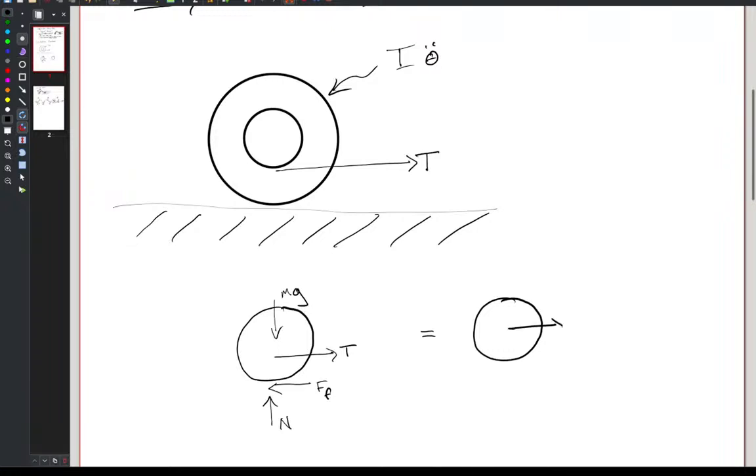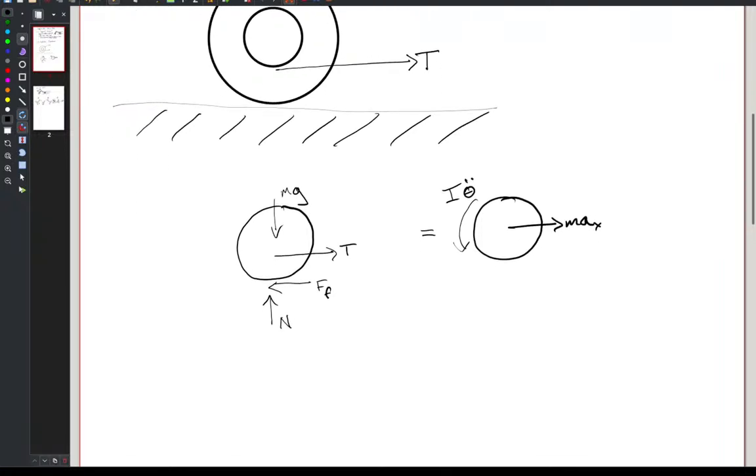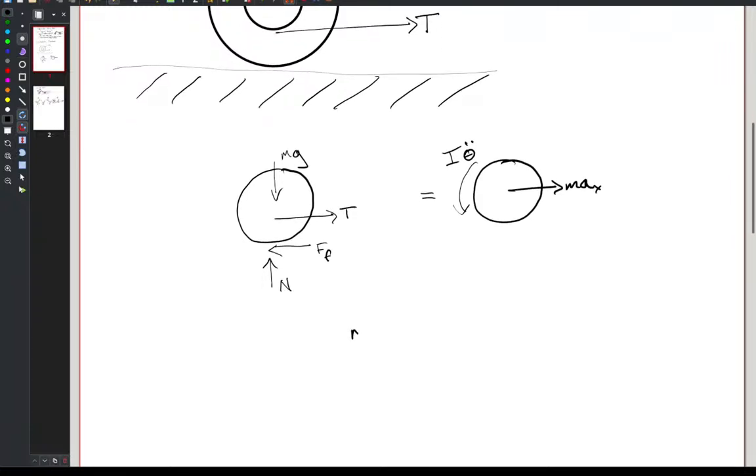And then we have MAX, and then I theta double dot. So now I know MAX equals T minus that force of friction. I don't know what the force of friction is, but I do know that has to be true.